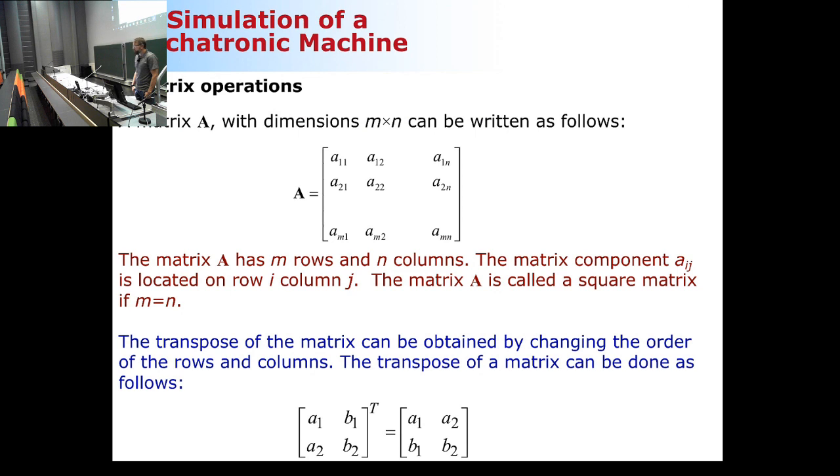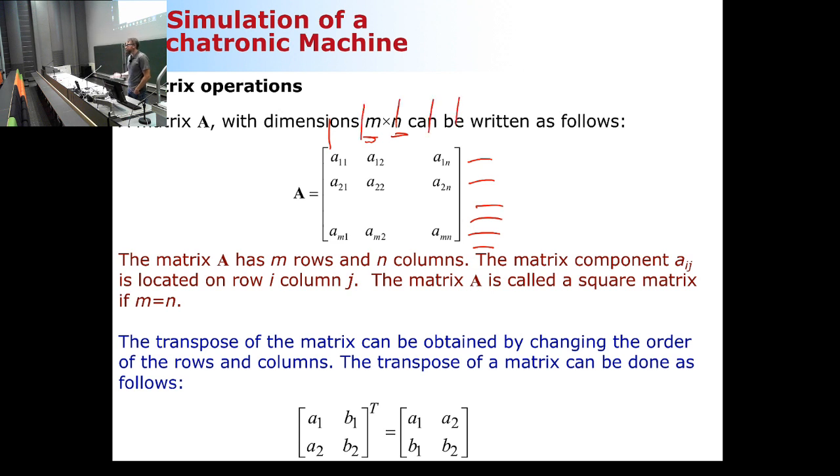So now let's look. We're going to deal with matrices quite extensively. Here's an example of a matrix. Something that we often deal with is different dimensions of matrices. This is a matrix that consists of m number of rows, which are the ones in this line here, and n number of columns, which are located like this.